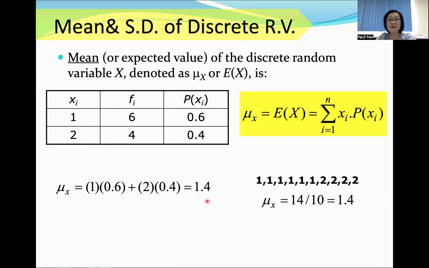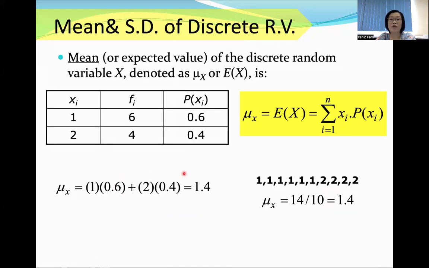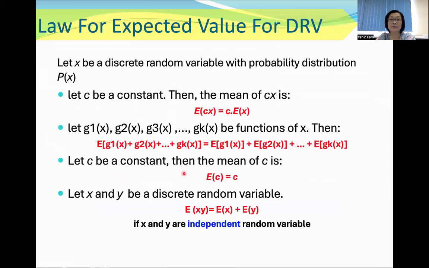Okay, remember this is only applicable for DRV. Okay, I would like you to try this one and we discuss it next week. Try to find the mean for this.